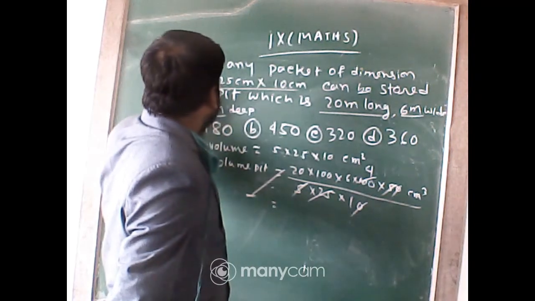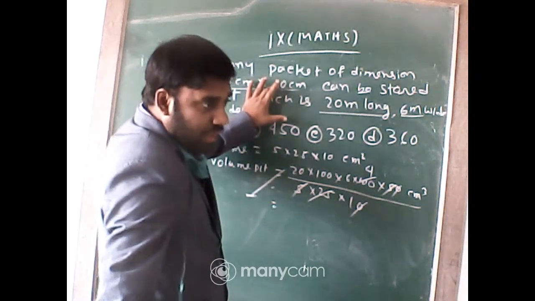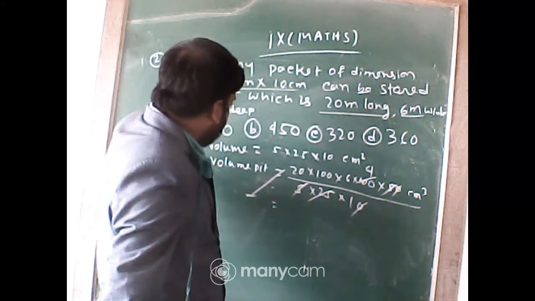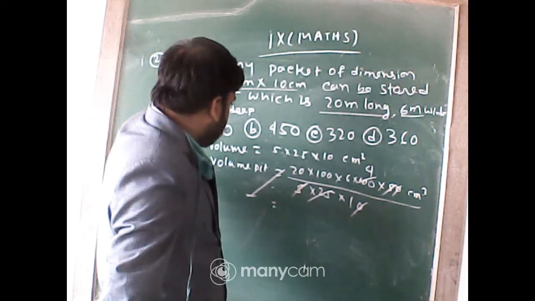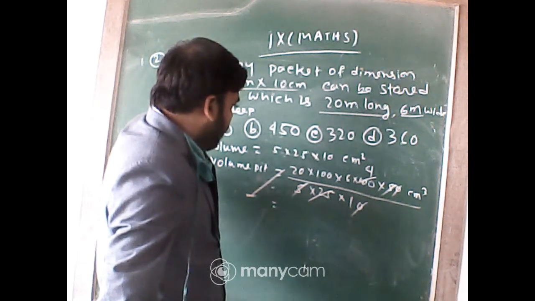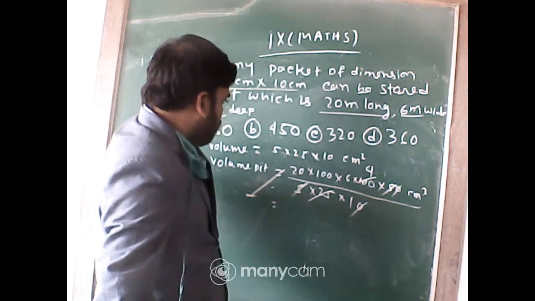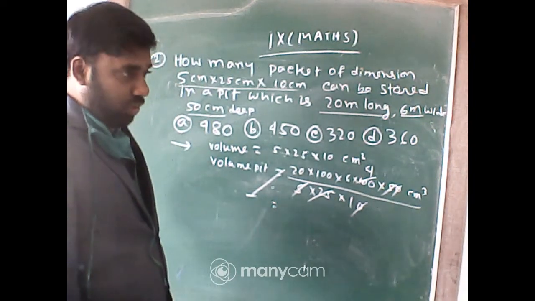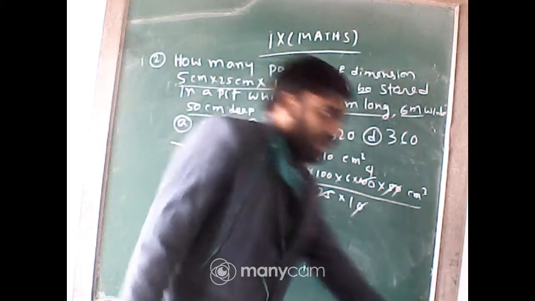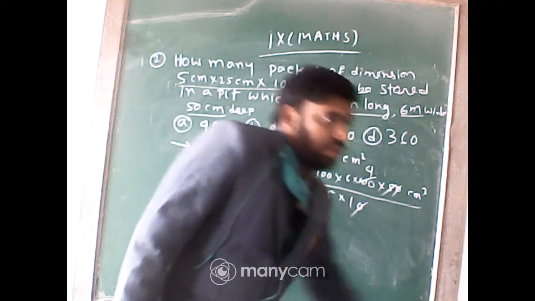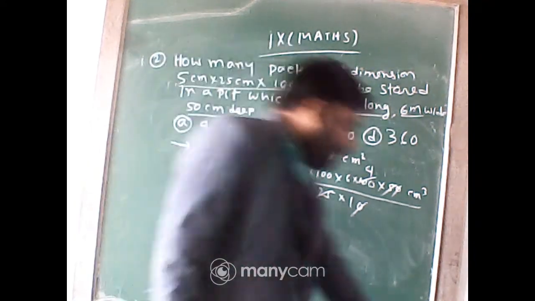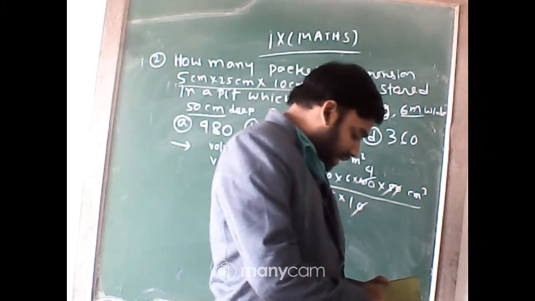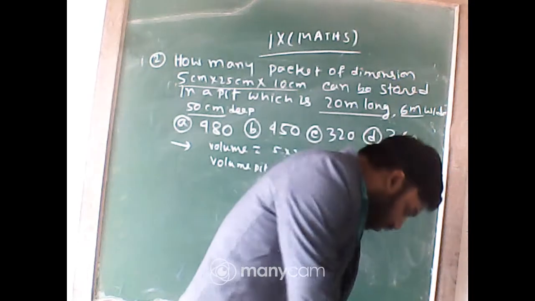Okay, 5 centimeter, 25 centimeter, 10 centimeter. Amrita, how will you write that 480? 10, 10, 5, 5 remove 4. Okay, it is coming 480. Let me check whether all the dimensions are right or wrong.